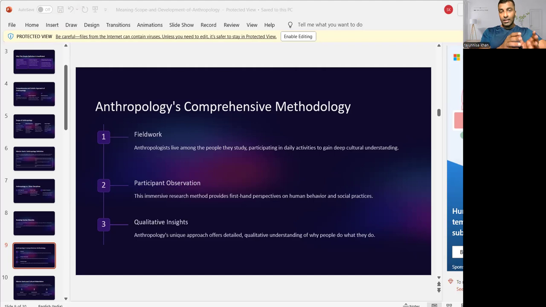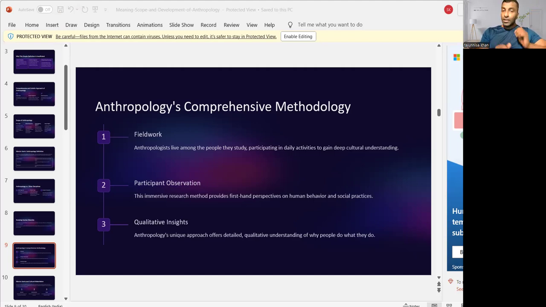So through this immersive method, like participant observation, anthropologists basically live among the people they study, participate in their daily activities to gain a deeper understanding of their culture. So getting direct touch with the members of the society that they are going to study, they will get a deeper understanding of the culture.